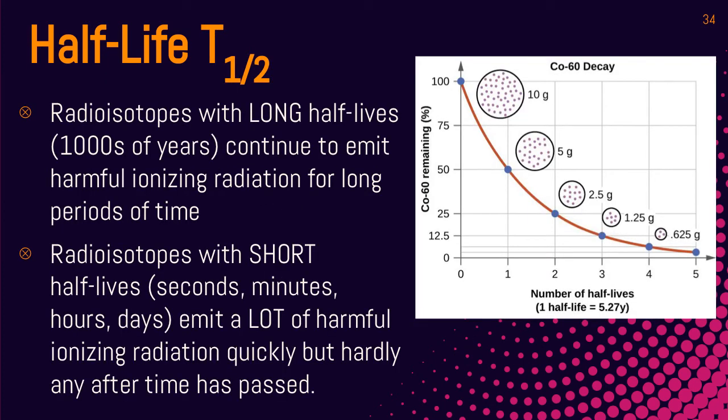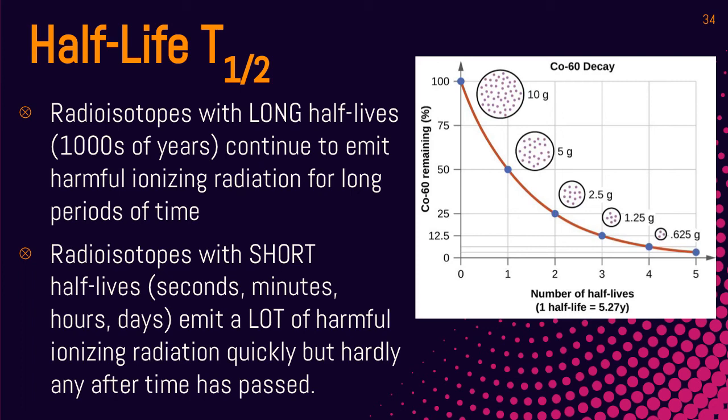So radioisotopes with really long half-lives, things like thousands of years, uranium is a good example of this, continue to emit harmful ionizing radiation for really long periods of time. So they release low levels of radiation over very long periods of time. Radioisotopes with short half-lives, so something like seconds, minutes, hours, or days, these are really scary because they emit a lot of radiation very quickly.